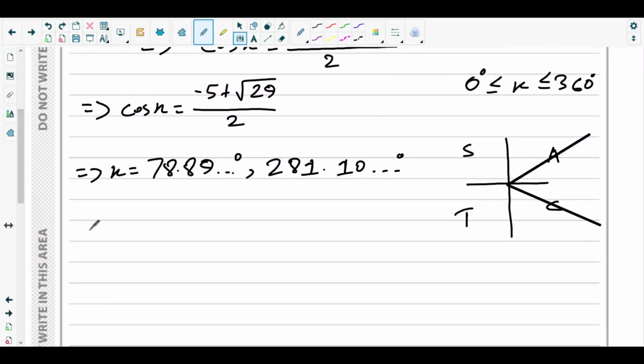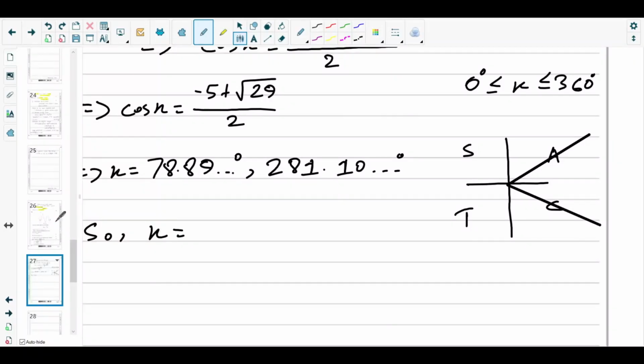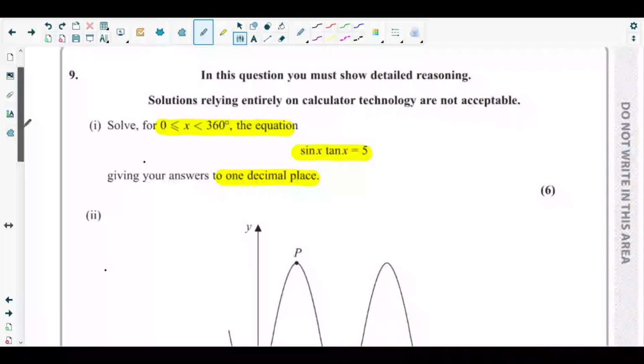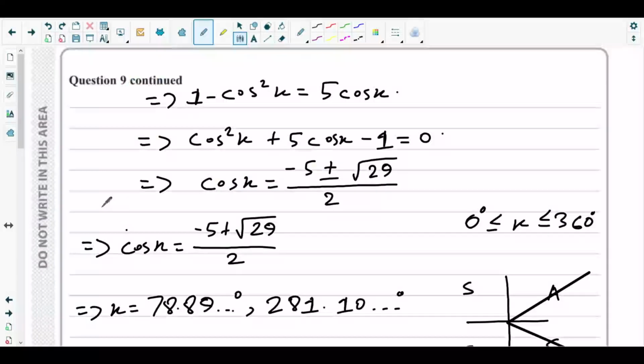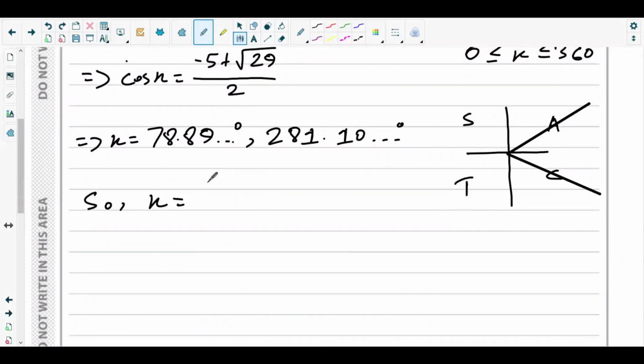So the possible values for x that are solutions to the given trigonometric equation, to one decimal place, are 78.9 degrees and 281.1 degrees.